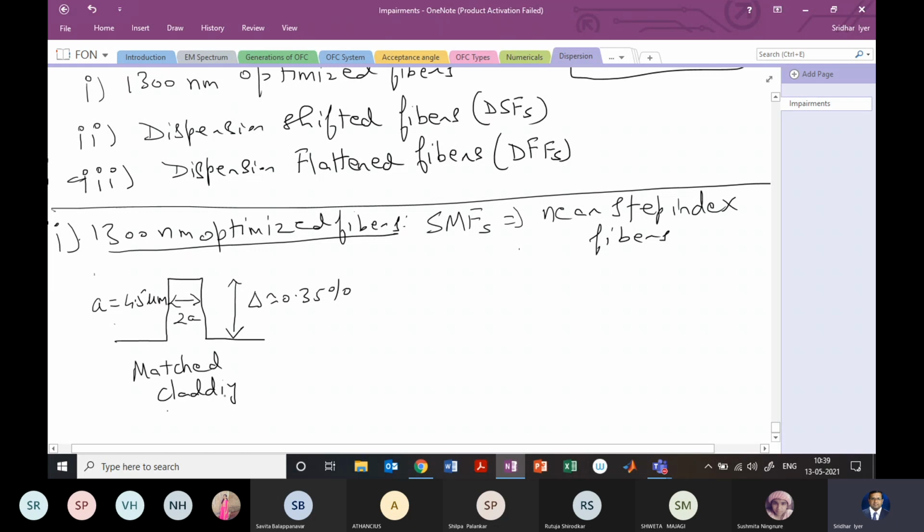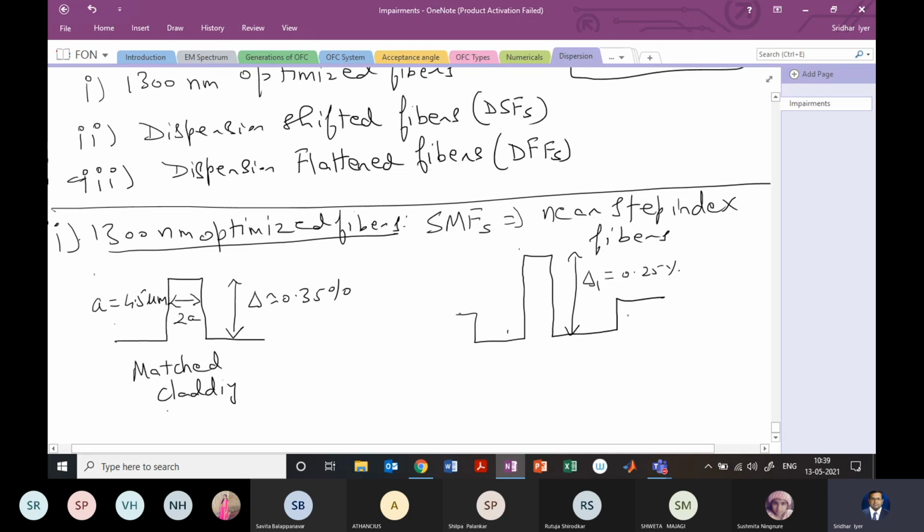Okay. There is another kind of profile which we can have for the 1300 nanometer optimized fibers. Let me draw it and then I will name it for you. Okay. And here we have two kinds of index profiles, delta 1 and delta 2.